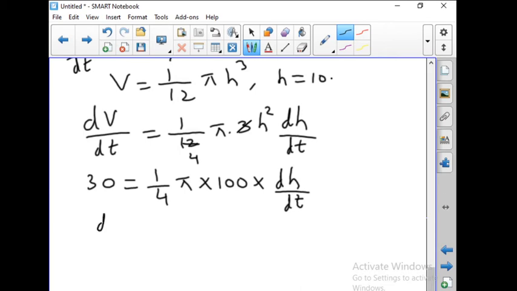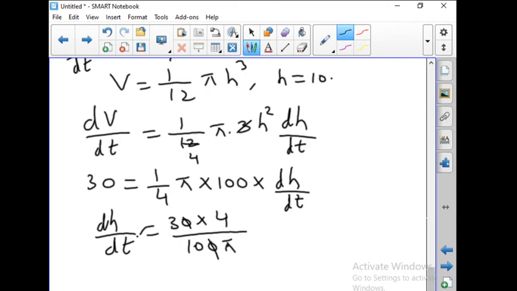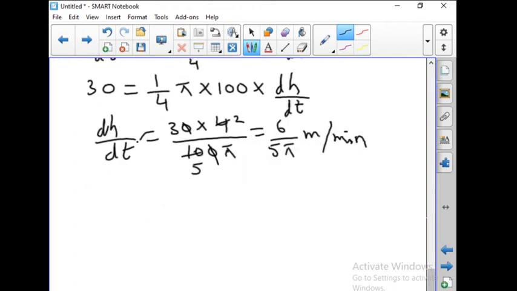So now we have to find dh by dt. Cross multiply, you get 30 into 4 by 100 pi. So the 10 gets cancelled. Then 4 goes, 2 goes 2 times and 2 goes 5 times. So finally what you get? 6 by 5 pi. So dh by dt is equal to 6 by 5 pi meter per minute. Okay, meter per minute we take.